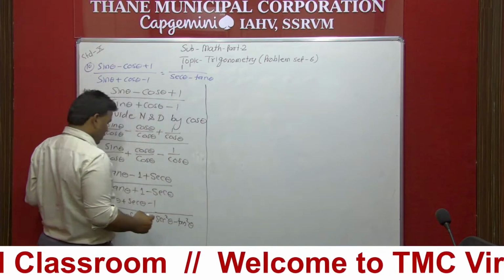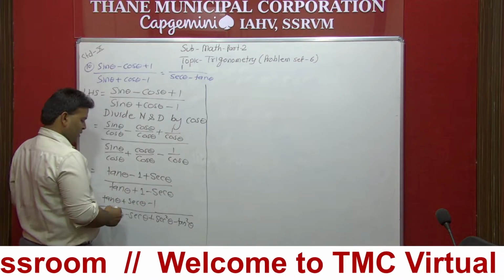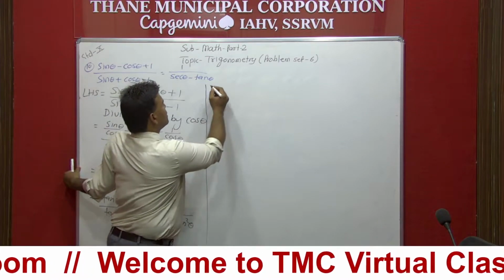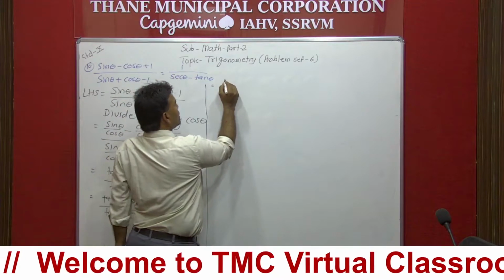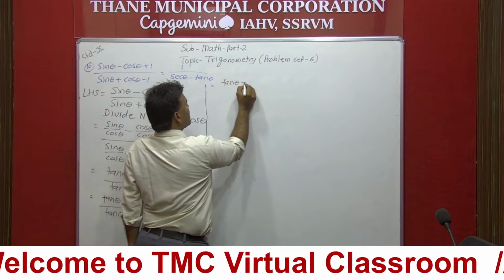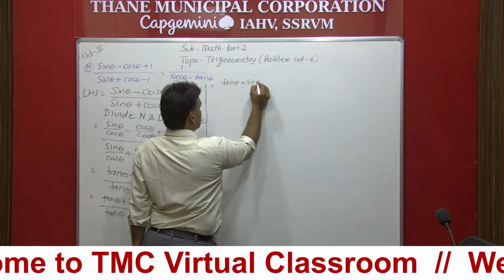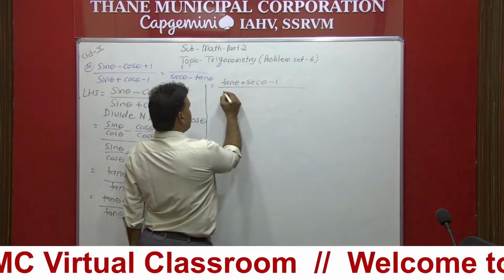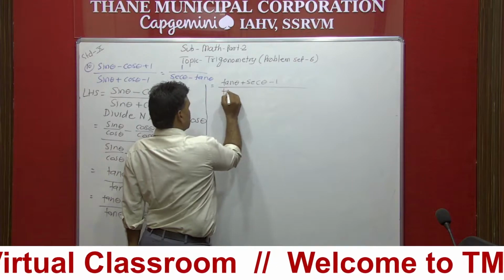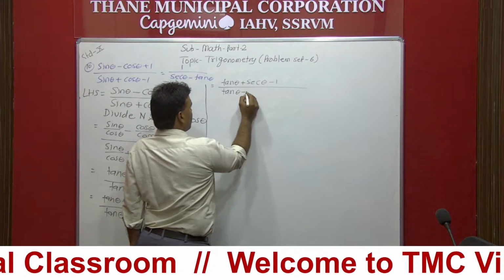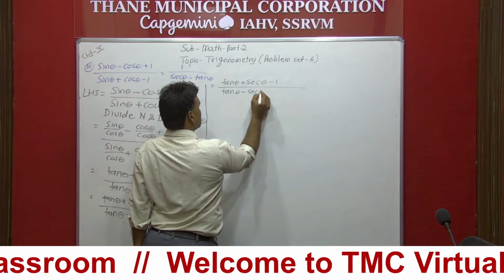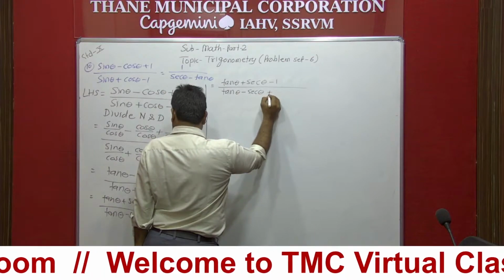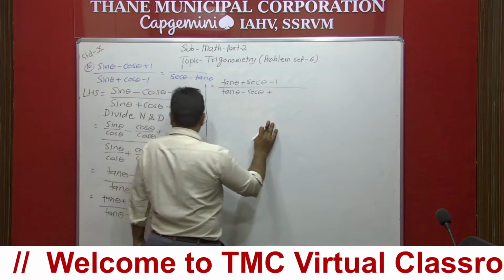In the next step, what I will do, numerator as it is, tan theta plus sec theta minus 1. This is our numerator. And the denominator, first one is what? Tan theta minus sec theta plus this one as it is.